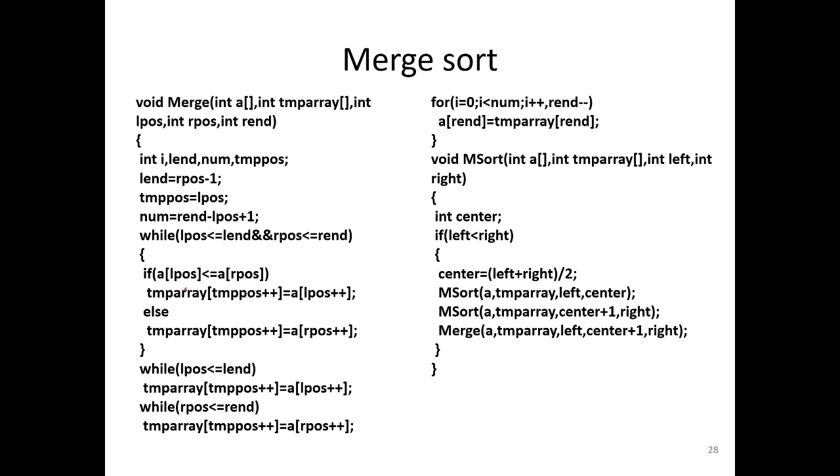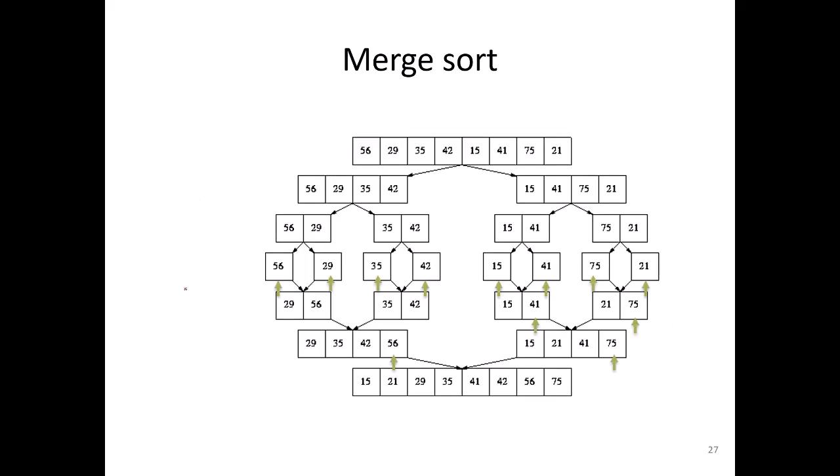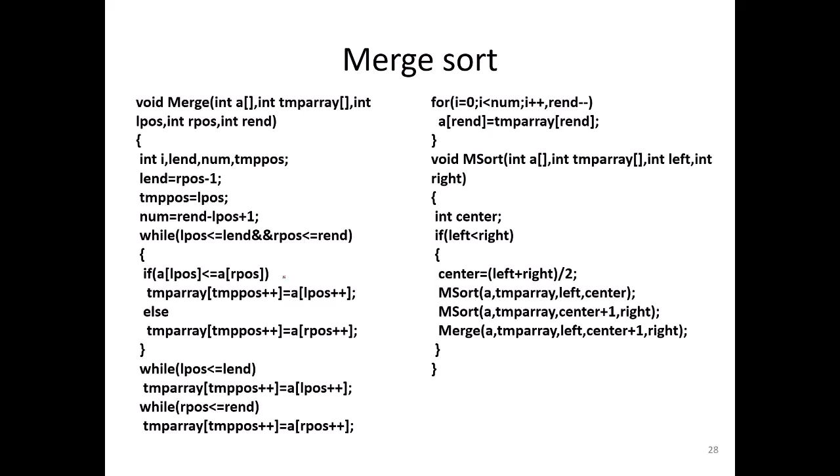If the left position value is less than the right position value, just copy that element. Here the left position value is not less than, it is greater, so this condition will not work. If the condition is not satisfied, we copy the right position value and paste it into the temporary array.